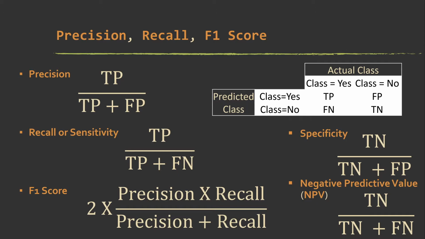And then the other type of error is a false positive. So it's supposed to be no, but it was predicted as yes. So again, for our medical test example, this would be saying you had the virus when you actually didn't have the virus.